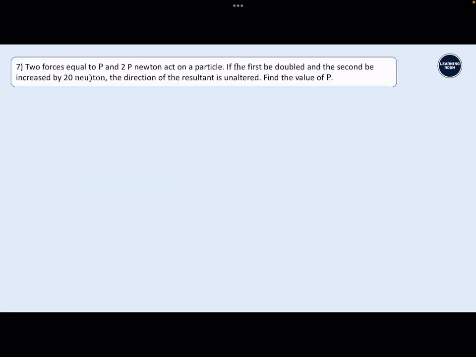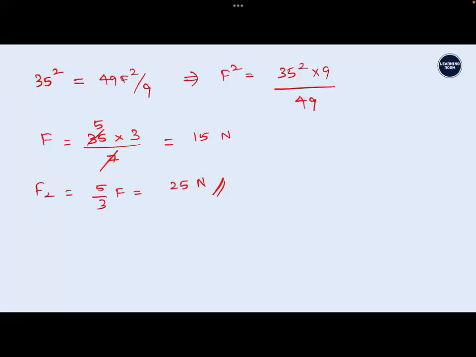So I would say we have almost covered the parallelogram law of vectors. It keeps going and the concept is the same.